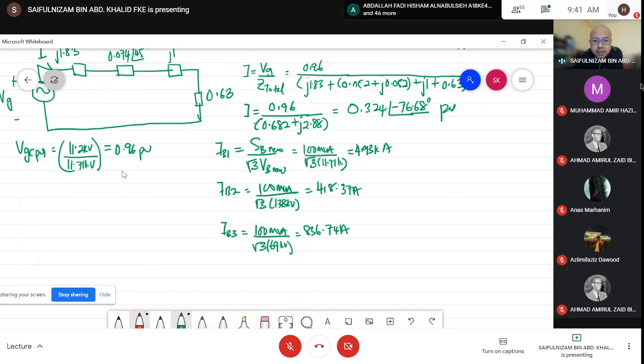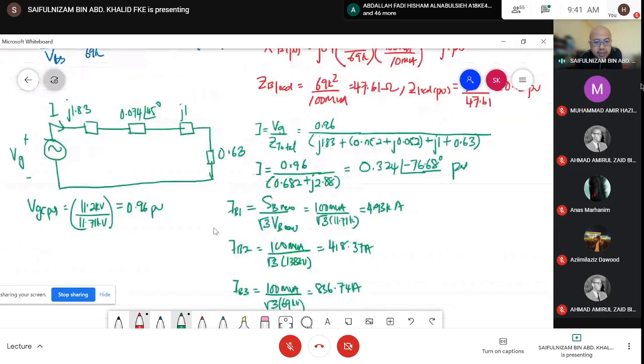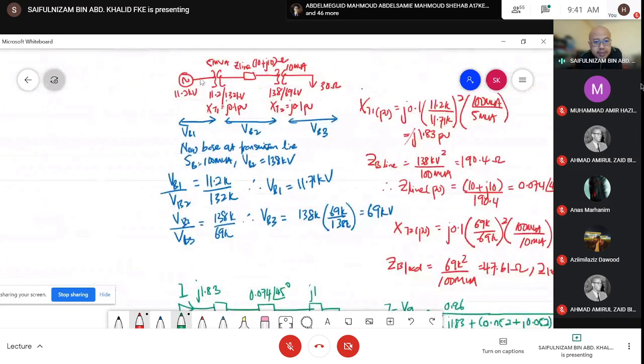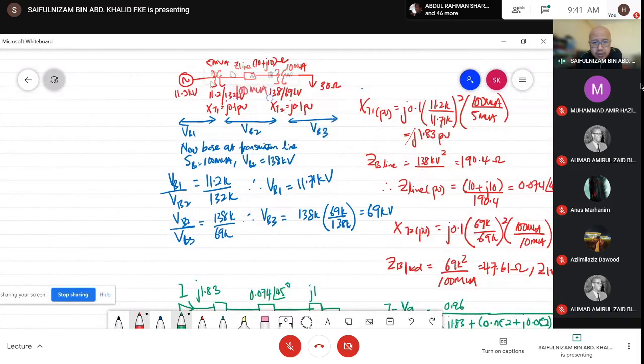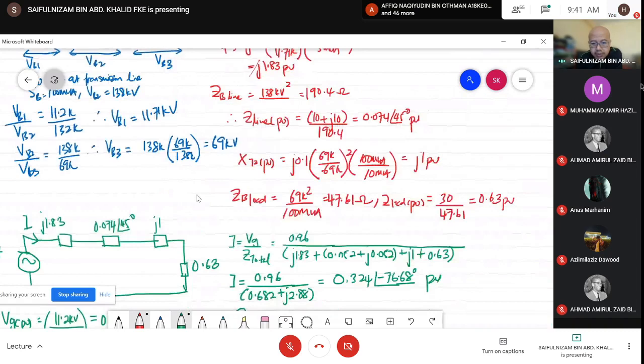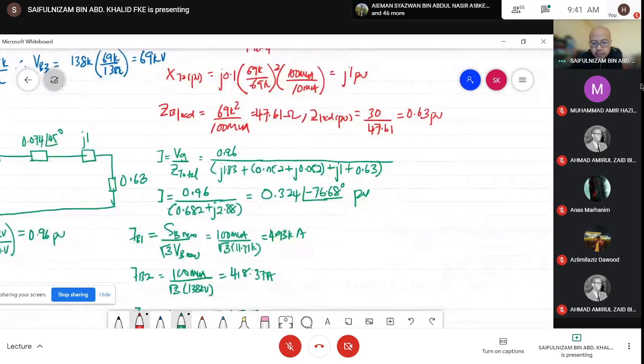After finding the base current for each section, you can calculate the actual value of the generator current, the actual value of the transmission line current, and also at the load side. IG per unit is the same, 0.324 angle minus 76.68.